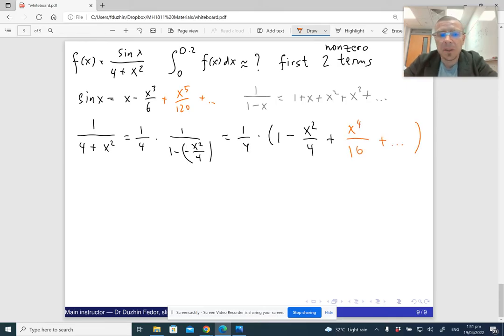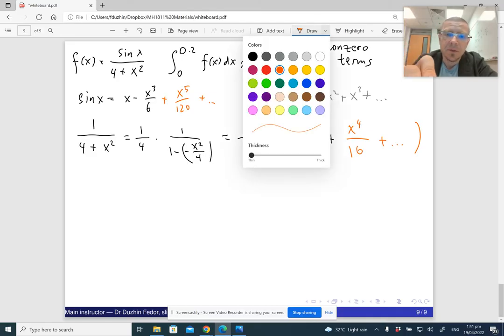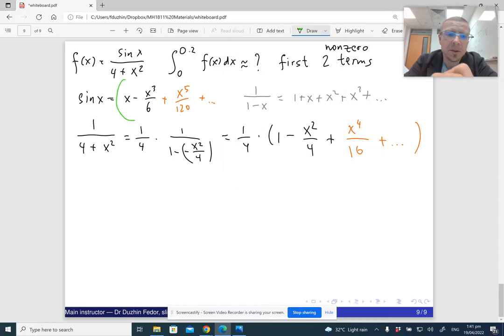My point is that in order to find the first two non-zero terms, it is enough to just multiply these two with these two, because the other terms are going to start with x to the 5 or x to the 4, and x to the 5 or x to the 4 times x is again x to the 5.